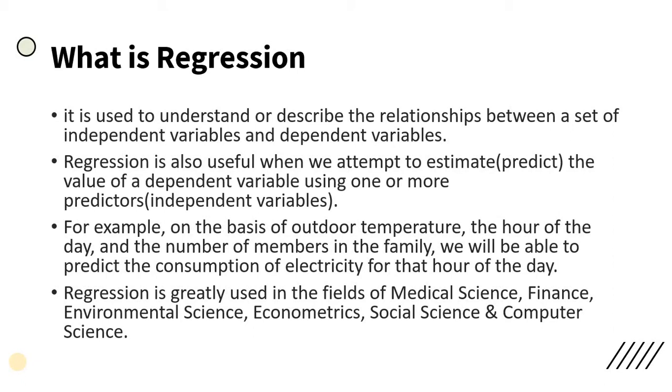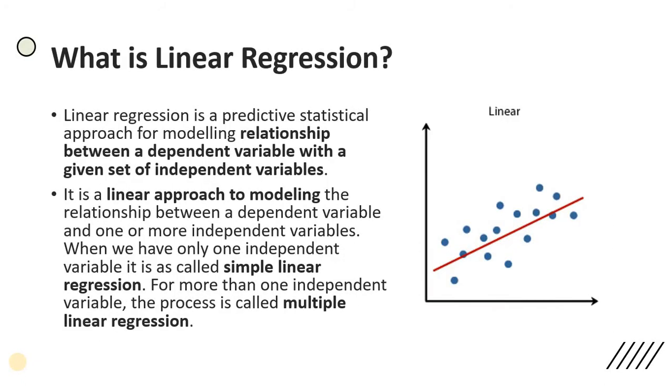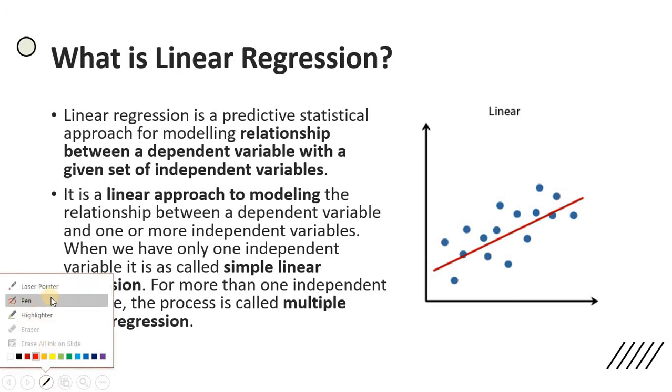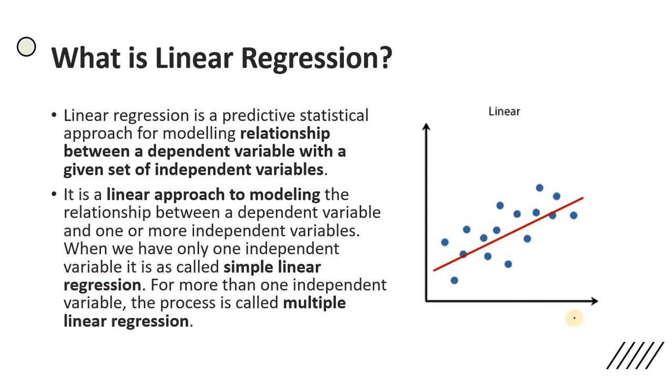Now let's start with what linear regression is. Linear regression is a predictive statistical approach for modeling a relationship between a dependent variable and a given set of independent variables. Here is a graph, with x on one axis and the value of y on the other. Y is the dependent variable, while x is the independent variable.